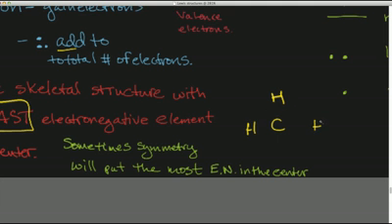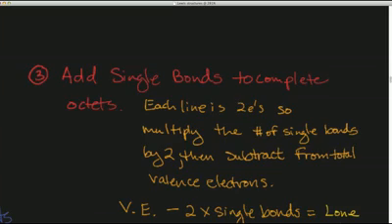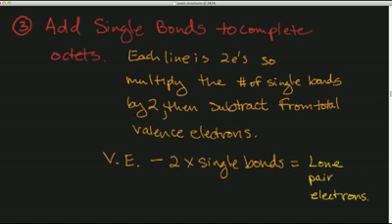Because hydrogen can only form 1 bond, it has to be on the periphery. Also, because of symmetry issues, we have to have these hydrogens out here. So whether it's restrictions on the number of bonds or symmetry, make sure you put the right element on the central atom. Then we add single bonds to complete octets.